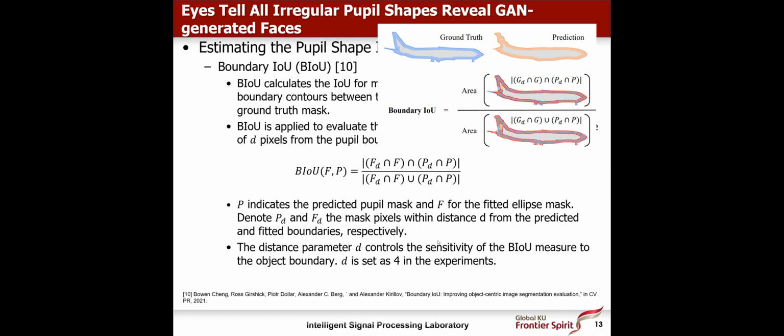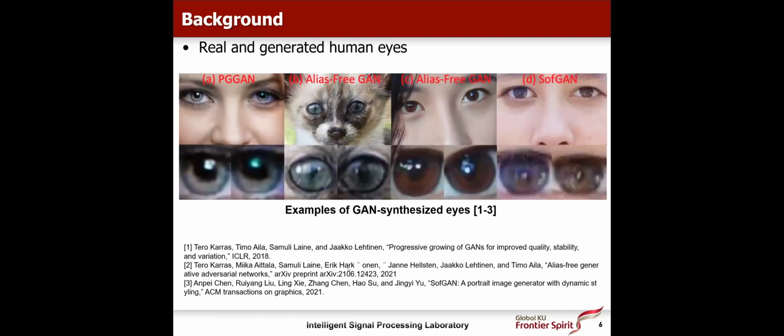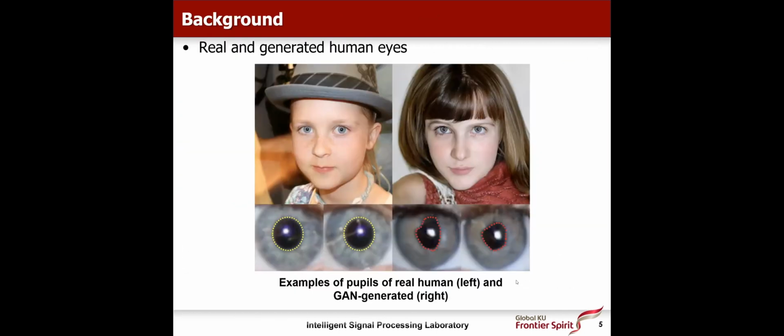Okay, so another interesting thing is about the GAN-generated pupil. Why is the shape not very spherical, compared to say other parts of the human face?